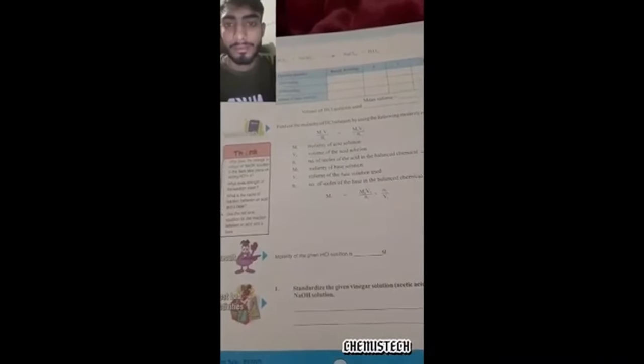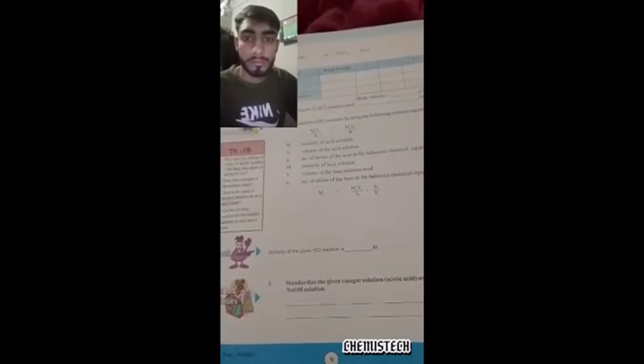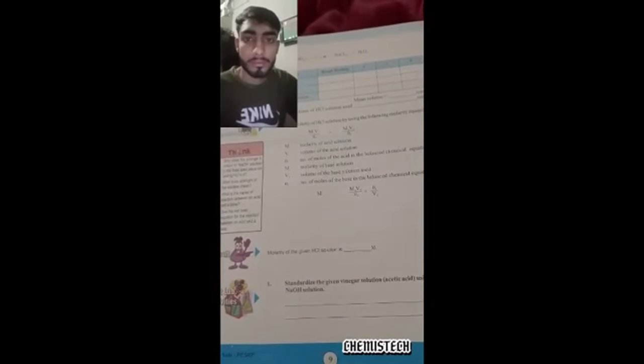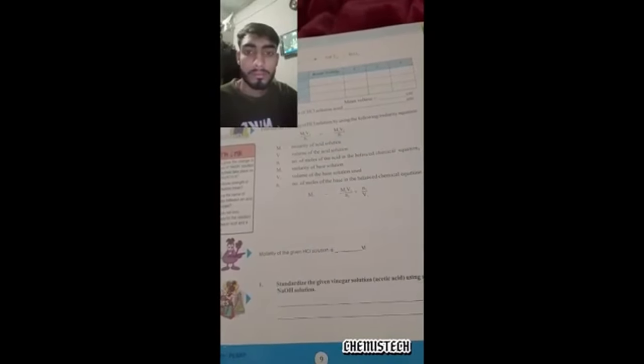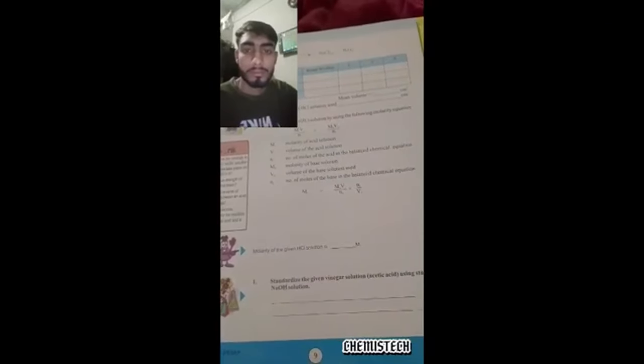Find out the molarity of HCl solution by using the following molarity equation: M1V1 by n1 equals M2V2 by n2. M1 is the molarity of the acid solution, V1 the volume of the acid solution, n1 the number of moles of the acid in the balanced chemical equation.